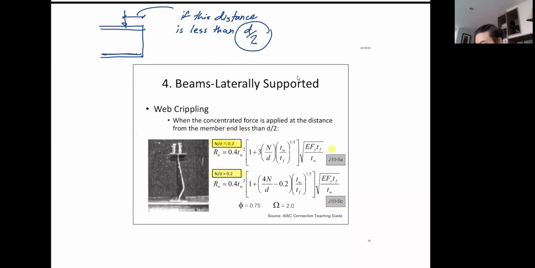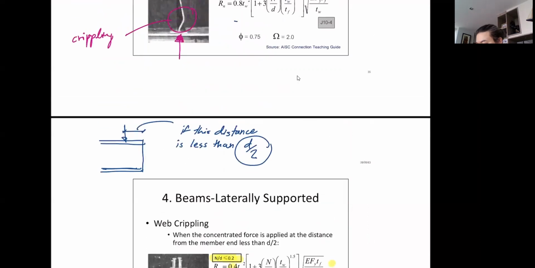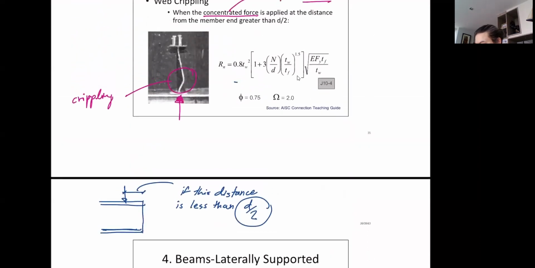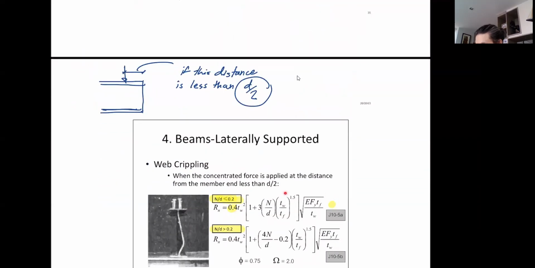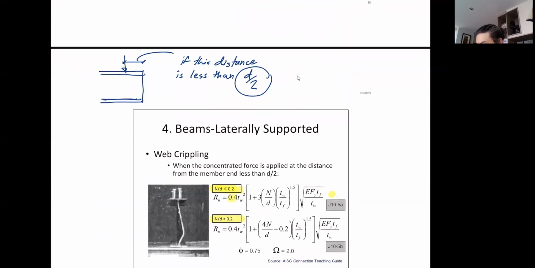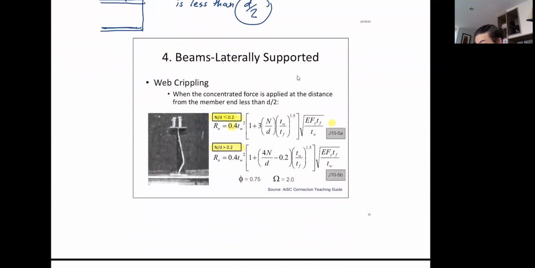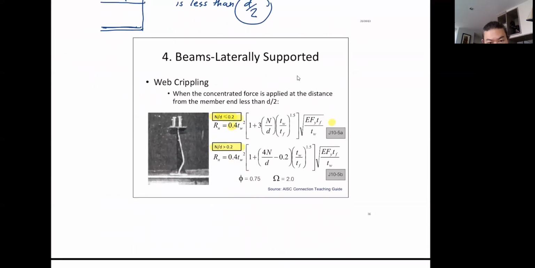And you see the coefficient is down to 0.4 compared to 0.8. So this is a typical formula. Now, when the load is near the edge of the beam, you are down to 0.4, and the first one still looks similar. Then when you have N over D ratio greater than 0.2, you have to change the formula. And this is quite a critical failure. So they use factor of safety equal to 2 and reduction factor of 0.75.